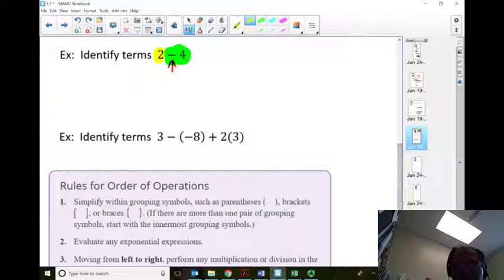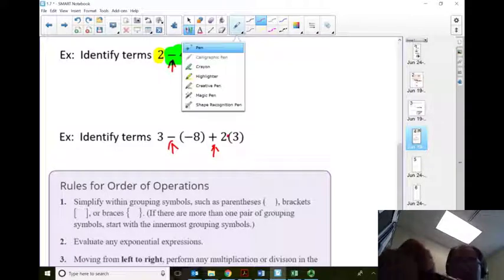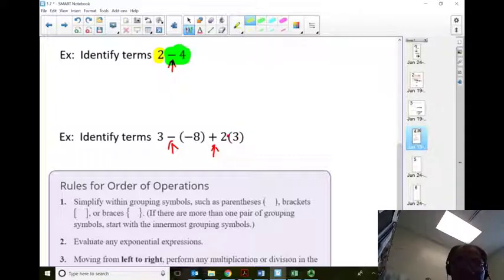So if you read this problem, 3 minus, so I say the word minus. You don't say 3 minus -8. You say 3 minus, where's my cursor? 3 minus -8 plus, see this plus sign is outside the parentheses, plus 2 times 3. Since I identified two addition or subtraction signs outside the parentheses, that means I should have 3 terms.